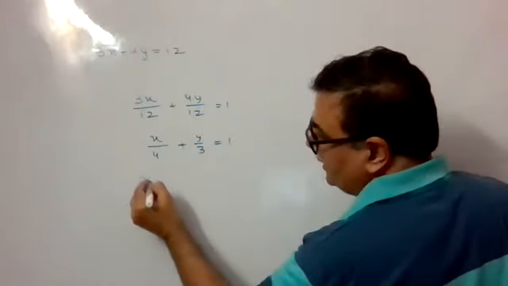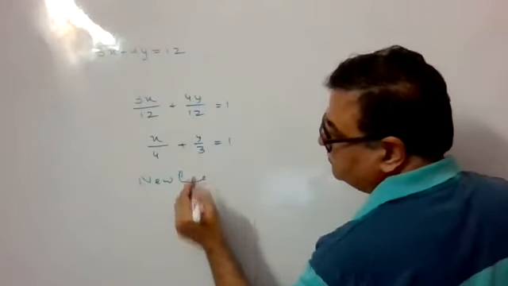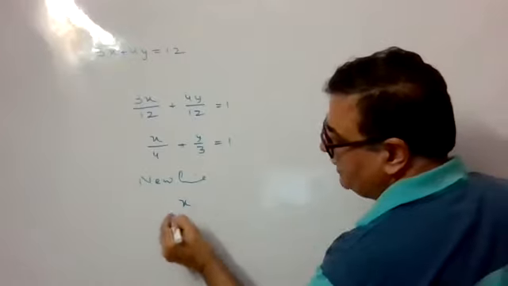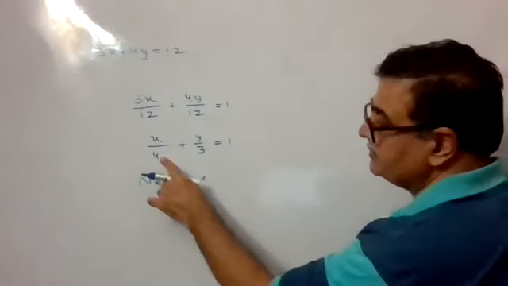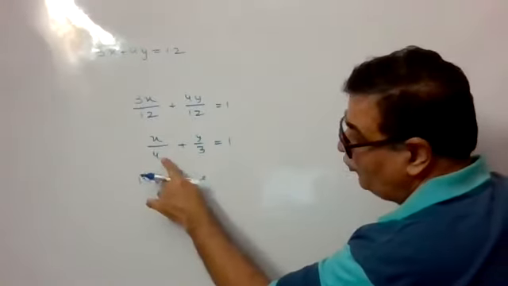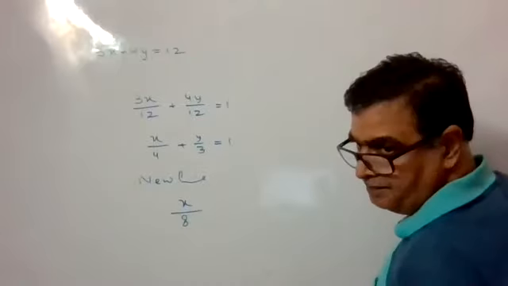When you have the new line, what intercept will it make? X intercept is double. यहाँ 4 है तो यहाँ क्या आ जाएगा, 8.